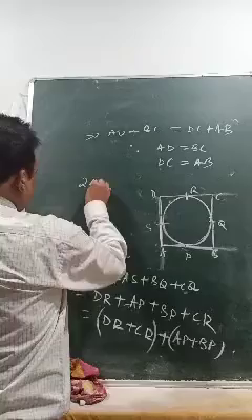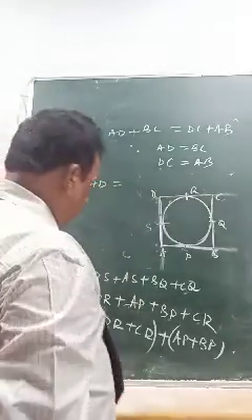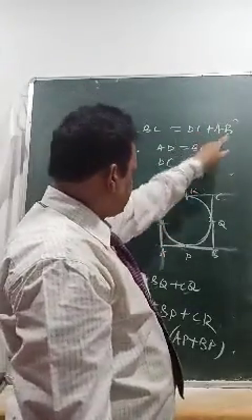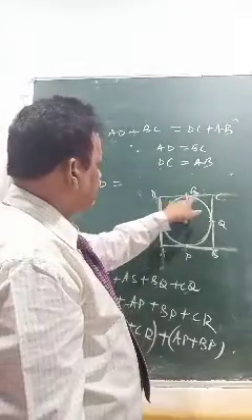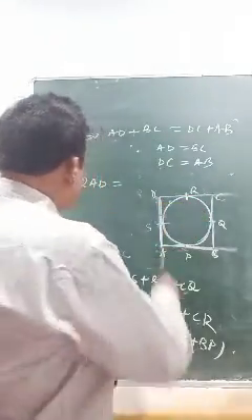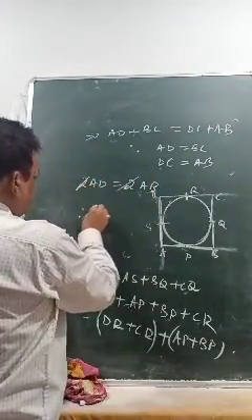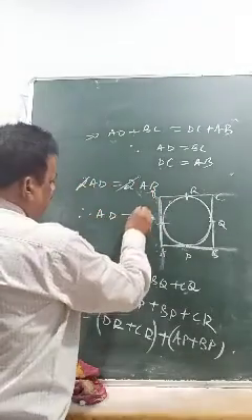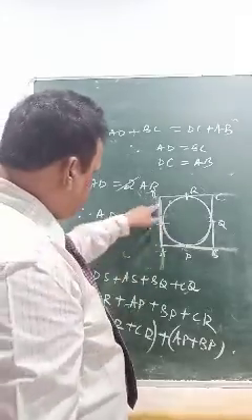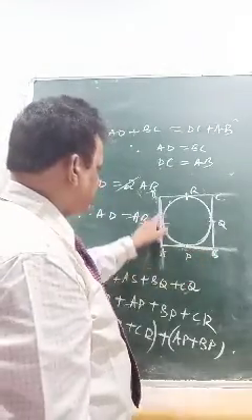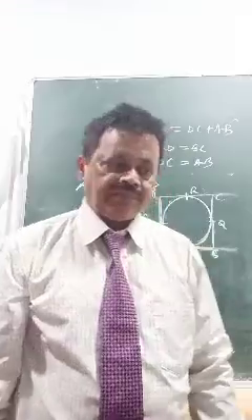Then DC plus AB, DC and AB are same, so 2AB. Cancel the 2, therefore AD equals AB. So AD equals AB means it became a rhombus. Okay, next.